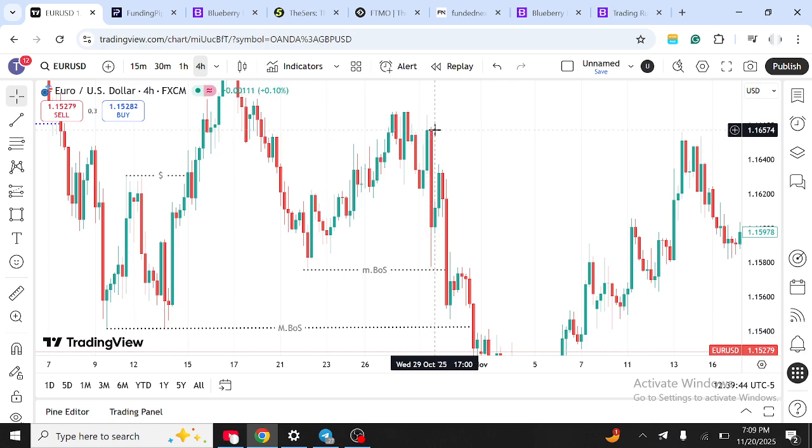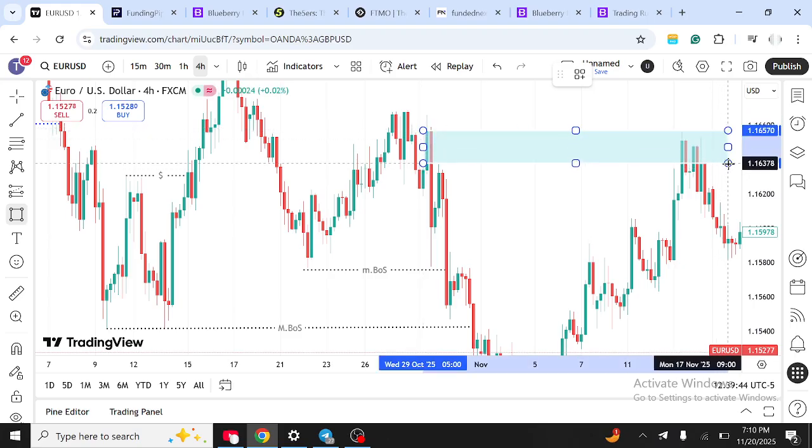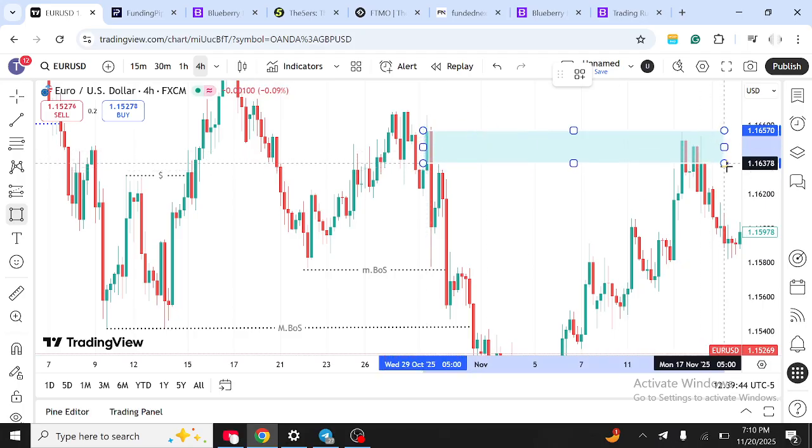Okay. If you look at this, this is where we have an authentic order block. You can see that this bearish candle engulfs this green candle. So this is where we are going to be interested in trading the market. So your entry should start at the first candle, which is the green candle here. You will always have one big candle and one small candle.